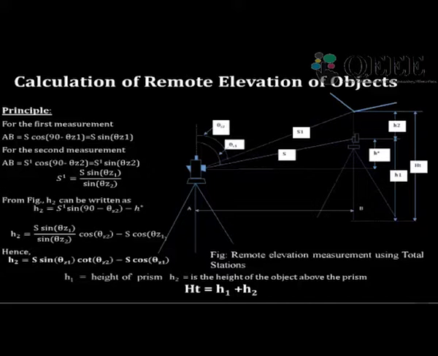H1 is the height of the prism, which we have to feed when we are measuring. In any total station surveying, we have to feed the height of the prism. That can be easily noted down in the field, and that has to be incorporated in any calculations. So once you know H1 and H2, we can calculate the height of the target very easily as given here.